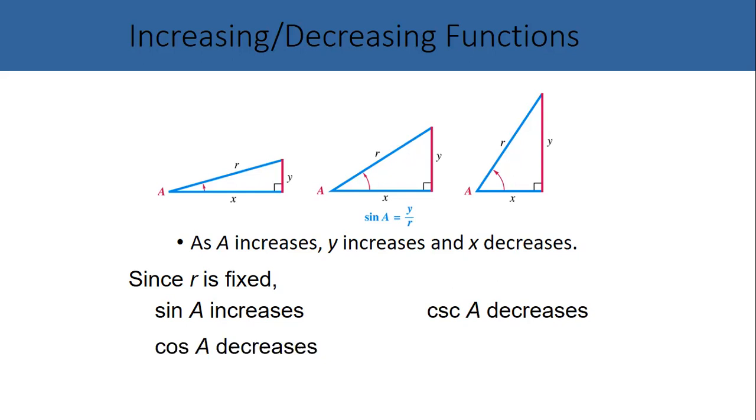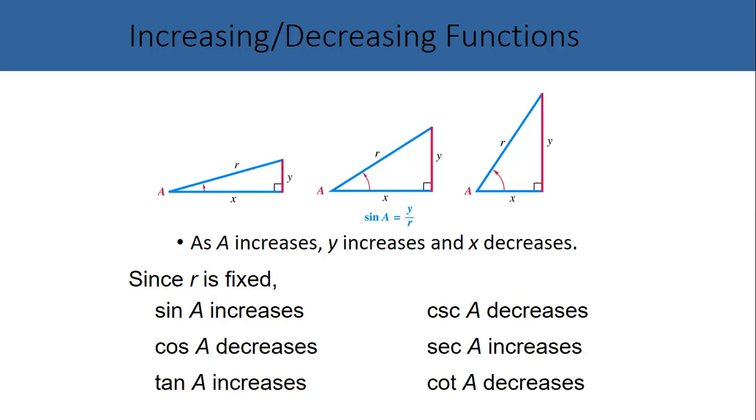So when you look at how it affects the trig values: as your angle increases, because of the change in your Y and your X, sine is going to increase, cosine is going to decrease, and tangent is going to increase.